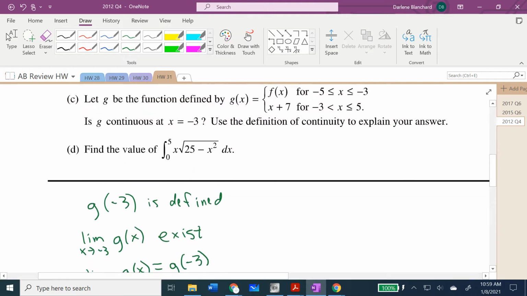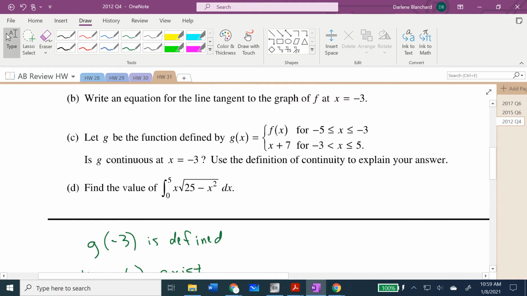Now, for being defined, I want to know what g of x is equal to when x is equal to -3. So my equal to sign is right here. And that's why I can say that g of -3 is equal to f of -3.